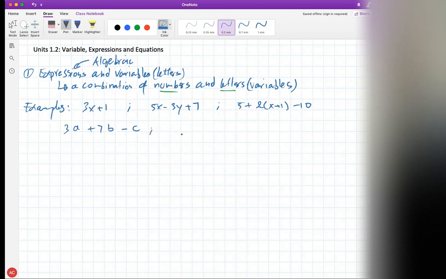What else? It could also be in the form of a fraction. For example, you may say 5x plus y, maybe to a power. And here, you may have, for example, 3x or y to the second. Okay, actually, we don't need the power here.